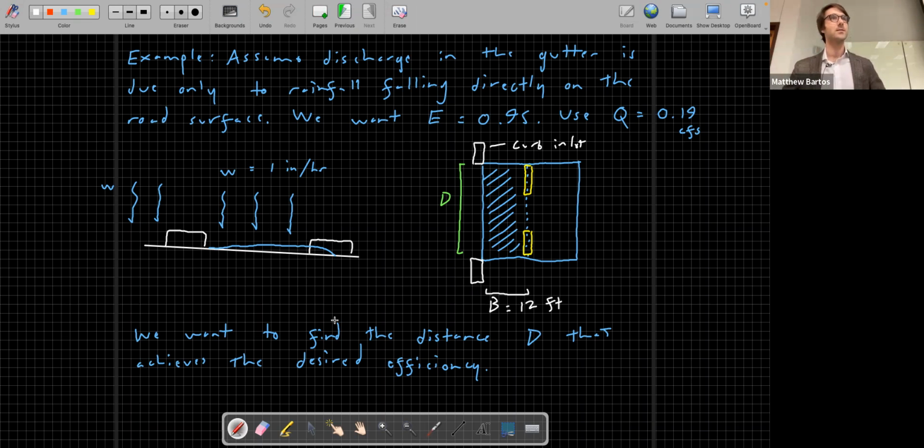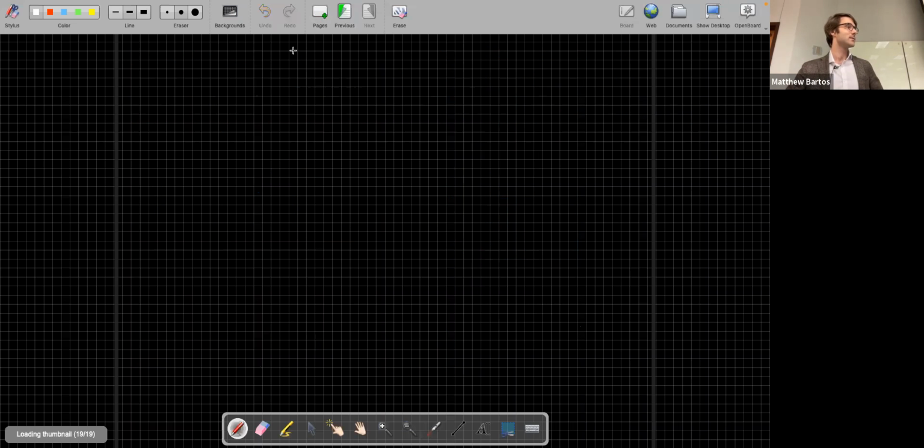Is it 0.9 cubic feet per second? So that is the total discharge. So we can write that out. So the total discharge in the curb is 0.19 CFS.